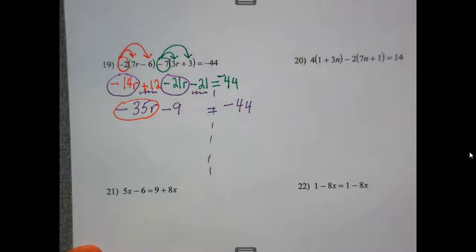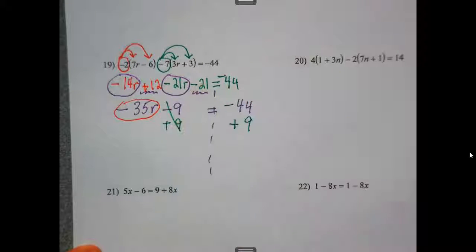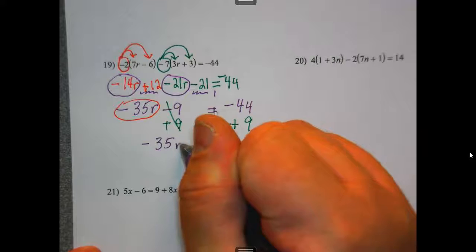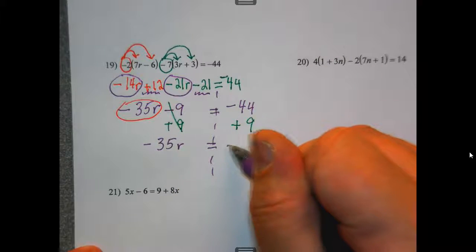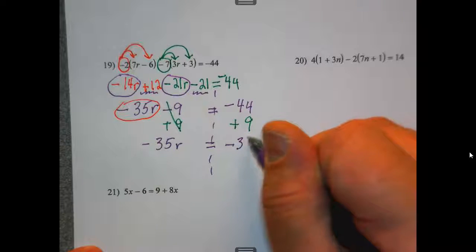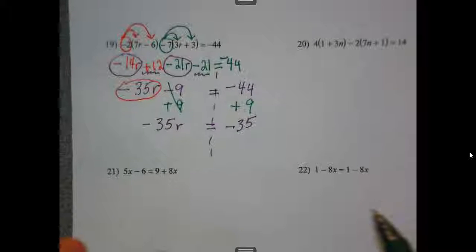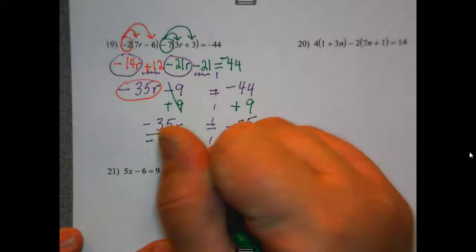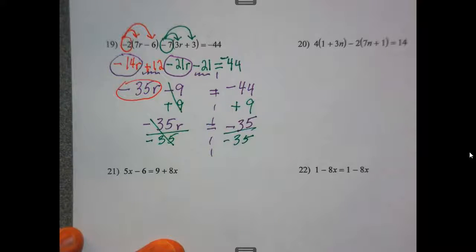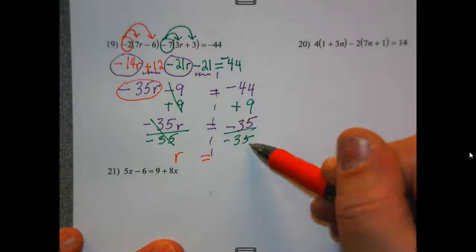I'm going to add 9 to both sides. I get negative 35r equals negative 35. Divide by the coefficient, negative 35. So r is going to equal what? Anything divided by itself is 1.